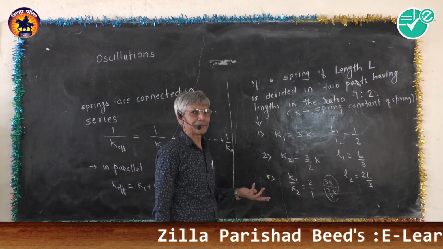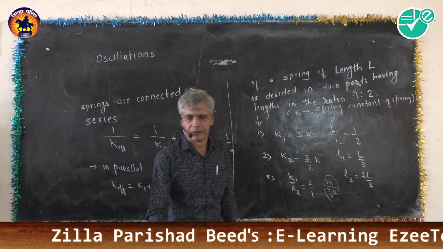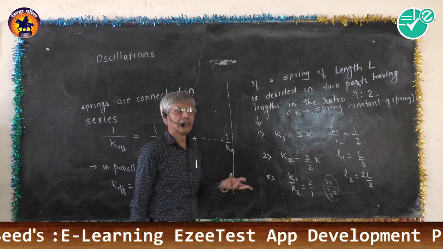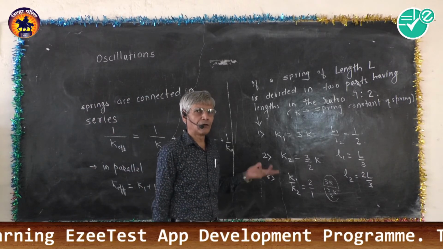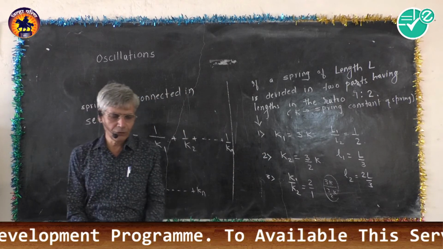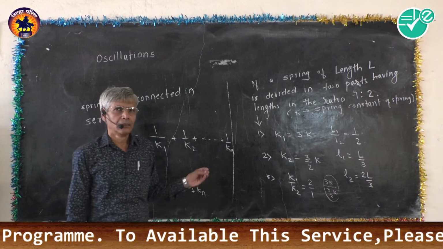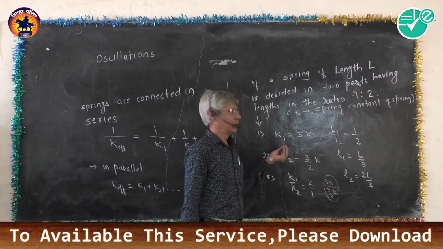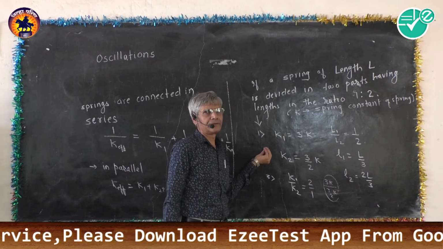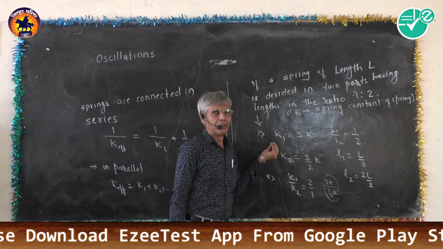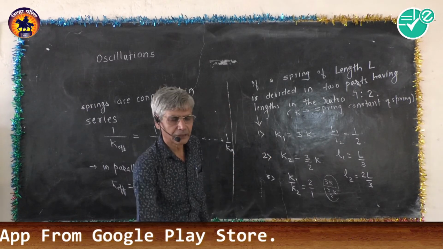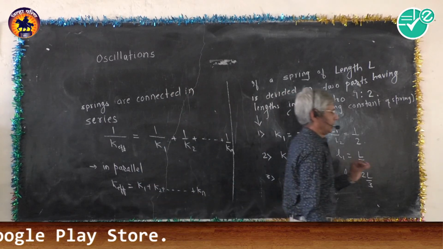Then the difficulty level is slightly increased by using the combination, that is series combination of these two parts or parallel combination of these two parts. So if we study the basic part, then this can be helpful in solving the different MCQs.